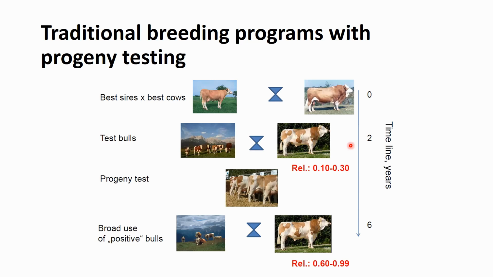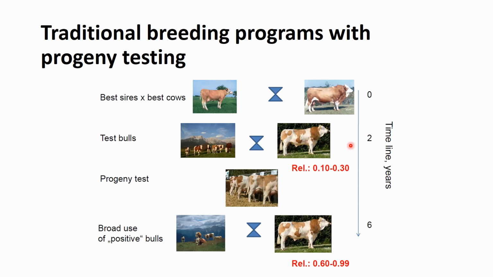I have to mention here that in animal breeding, the male individuals are much more important from the genetic standpoint, because while the cows could have only relatively few offspring throughout their lifetime, constrained by biology, the males can have hundreds, thousands, or even tens of thousands of offspring because of the artificial insemination techniques that are used throughout livestock breeding and especially in cattle breeding. So basically, this whole selection process is focused on bulls.